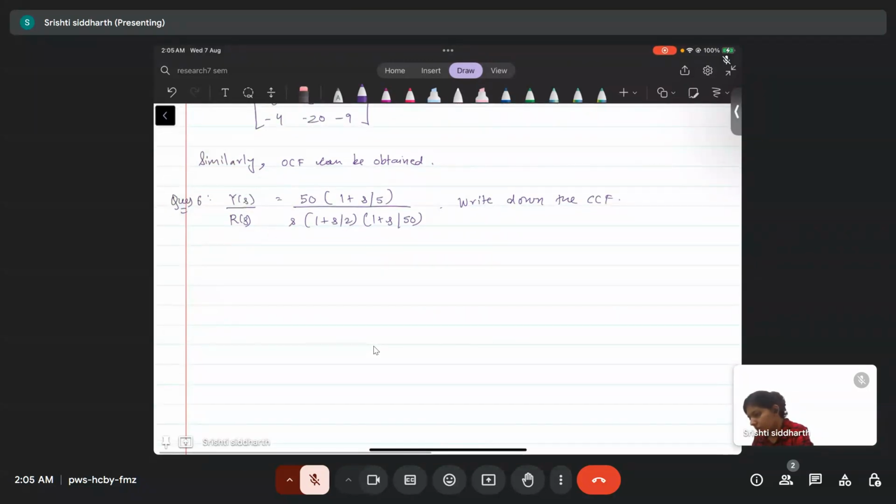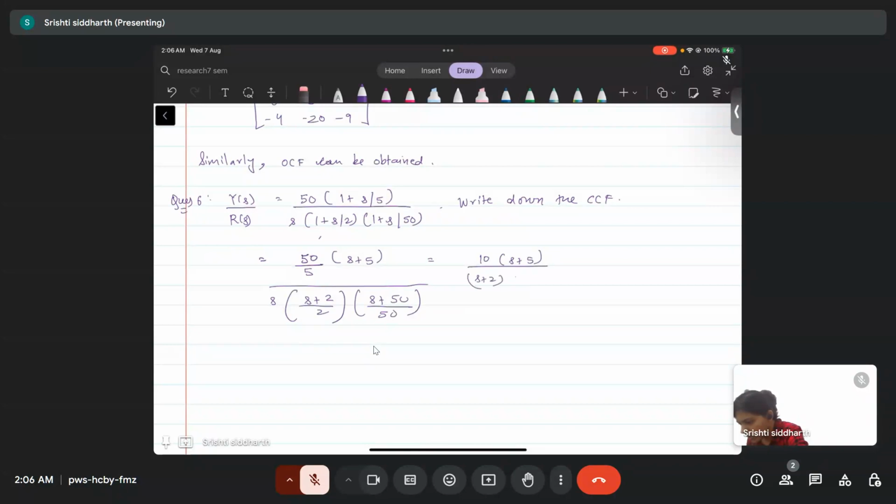So let's convert this to the standard form of the transfer function. To do that, let's see this 50 over 5 times (s plus 5) upon s times (s plus 2) by 2 times (s plus 50) by 50. So we have 10 times (s plus 5) over s times (s plus 2) times (s plus 50) by 100.